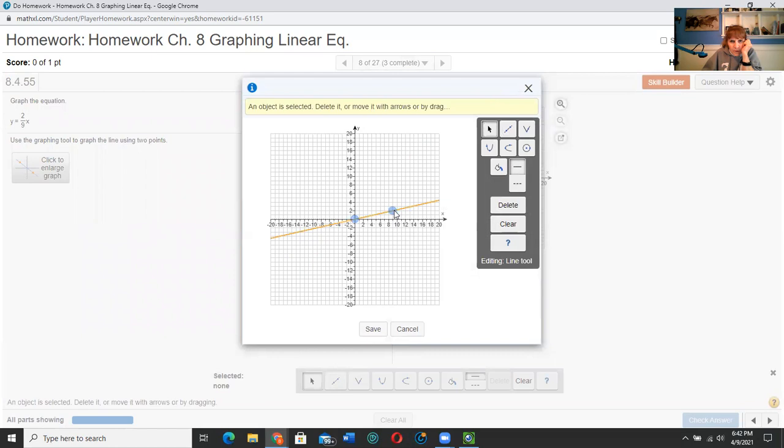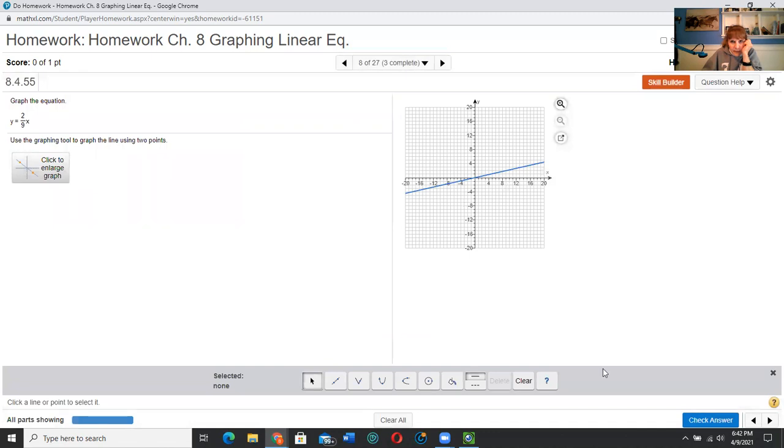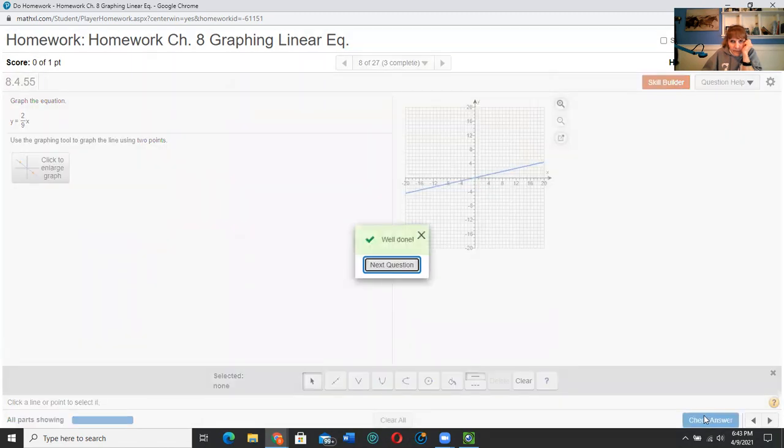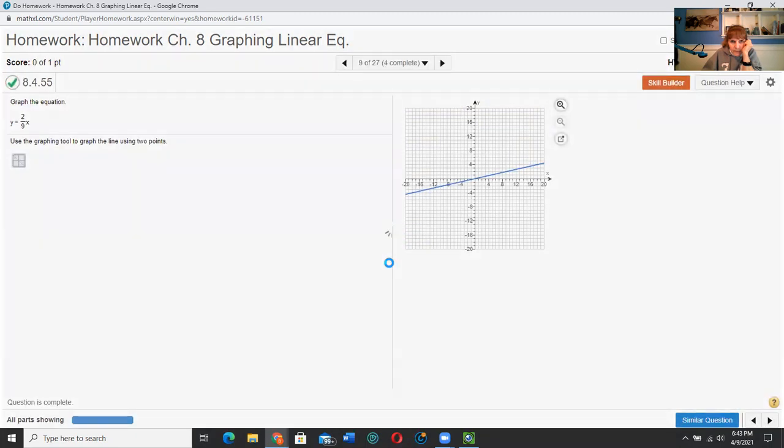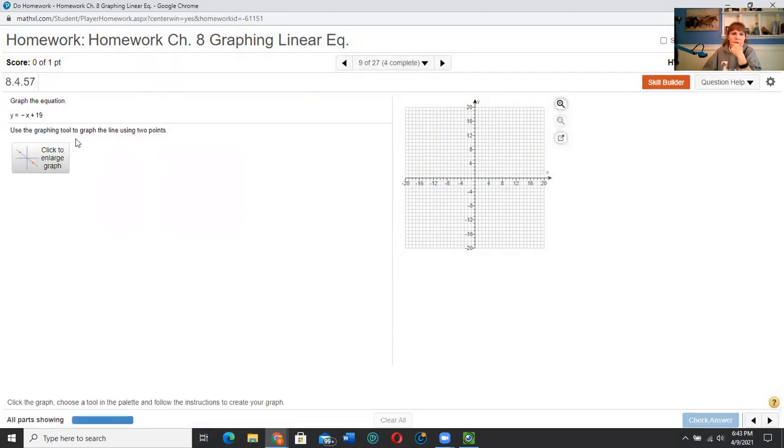You know, and if you push on it and it doesn't like that, you can clear it. Save it and check it. Okay, good. All right. So again, you know, the slope is a -1. You'd go down 1. You go to the 19, and you know, see, it's kind of helpful doing graphing with Pearson.